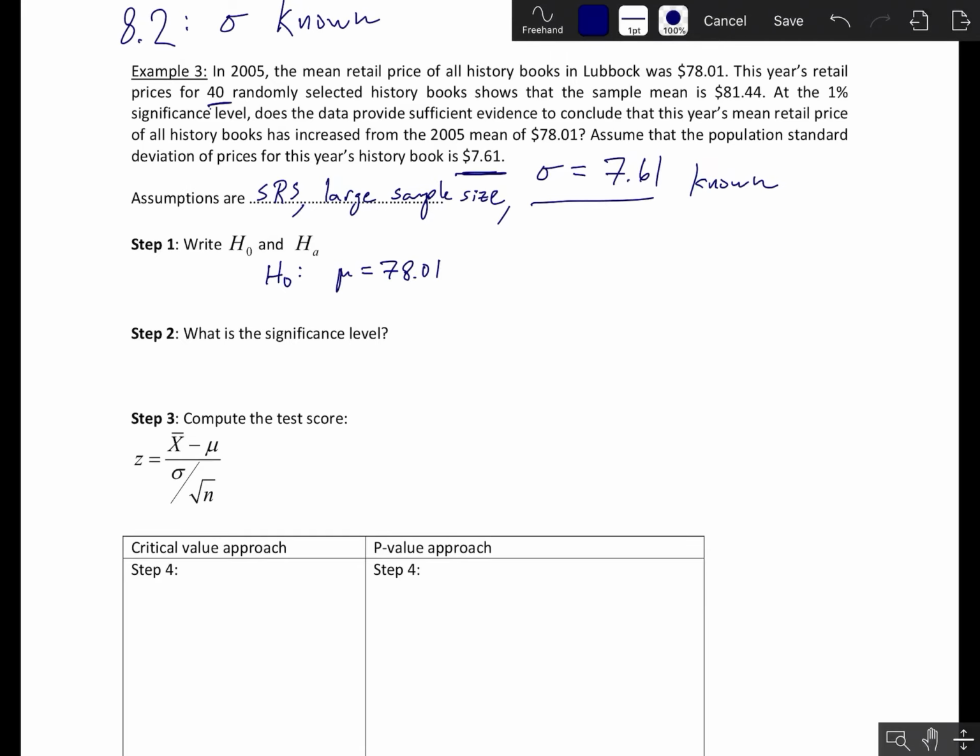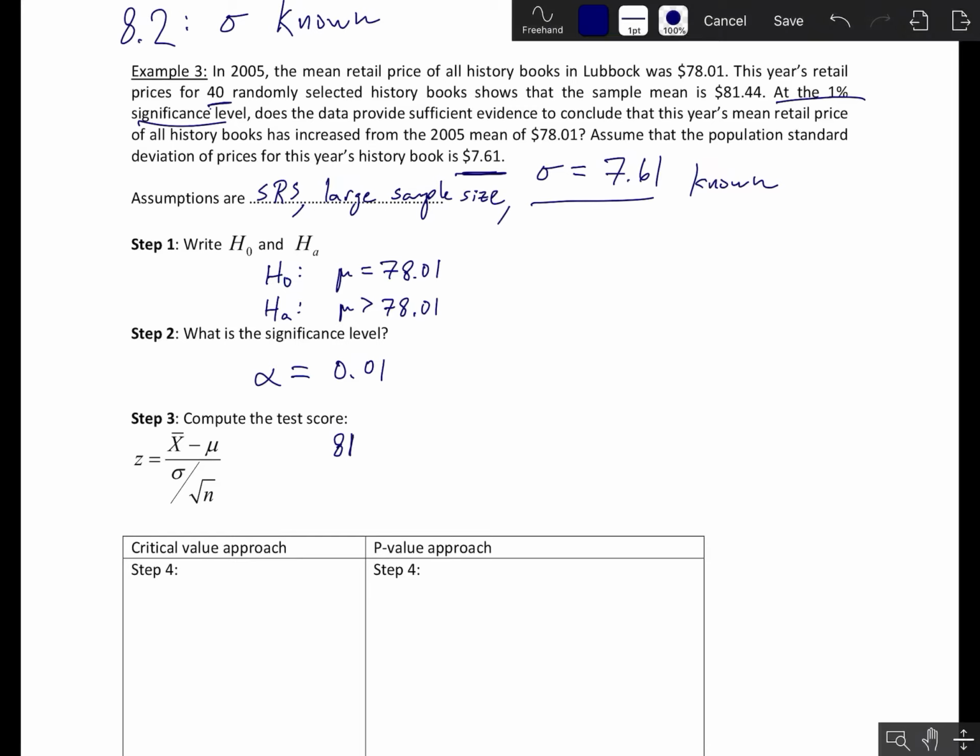So we'll have that H naught is mu equals 78.01. And the alternative hypothesis is going to be that mu has increased since the mean from 2005. And we also know the significance level. It was just told to us in the prompt. It says at the 1% significance level, so alpha would be 0.01.